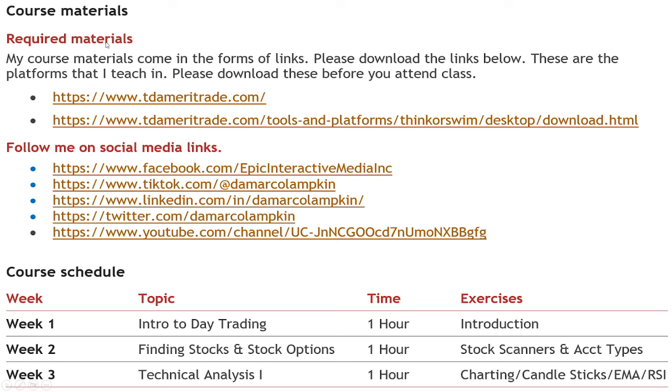So the required materials. The only thing I ask you guys to do is this first link. This is TD Ameritrade. So go to this TD Ameritrade link, punch it in your browser, and open up a TD Ameritrade account. They don't require you to put in any money.